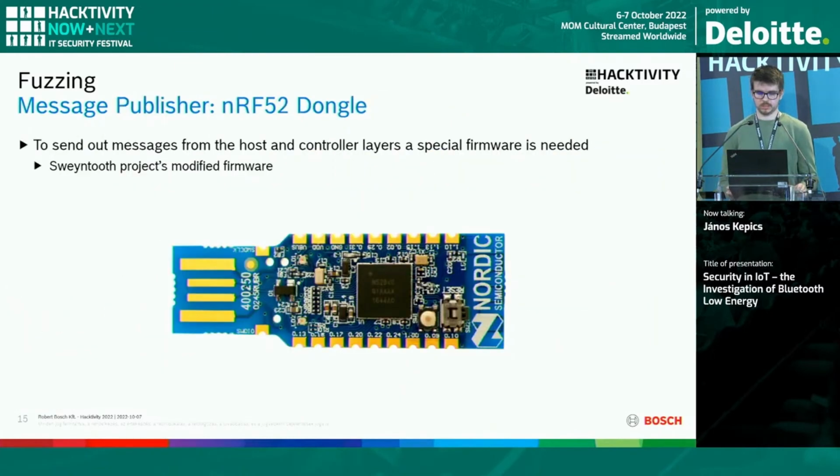Then this random data created by the engine is passed to the message publisher, which was a Nordic device, the NRF52 dongle. This dongle was also used by the Ubertooth project, which had much success, and they created a special firmware for it, which can send out link layer messages created by Python code.